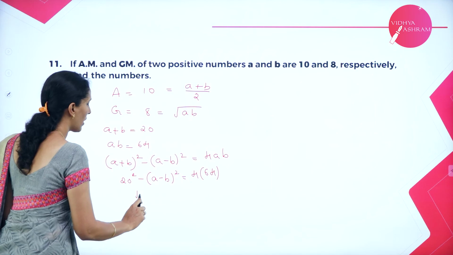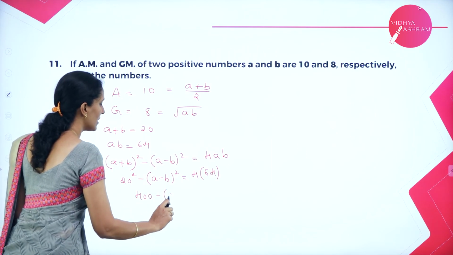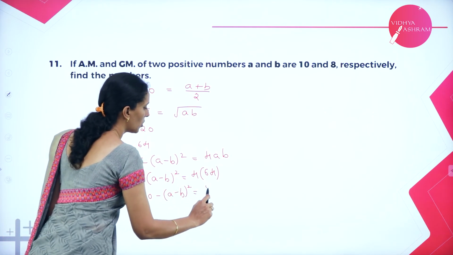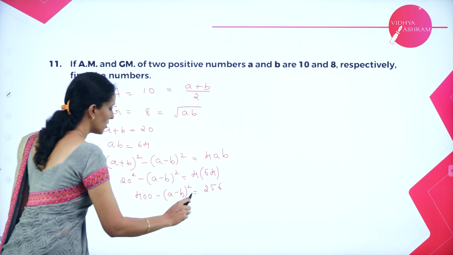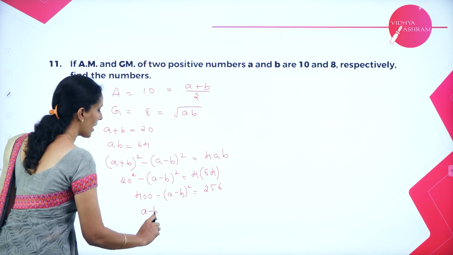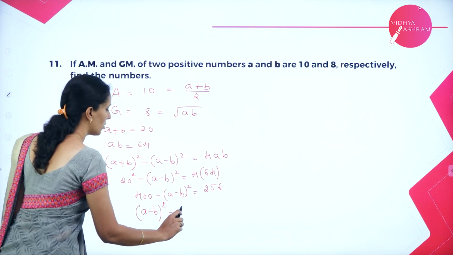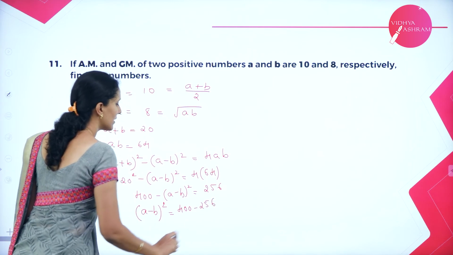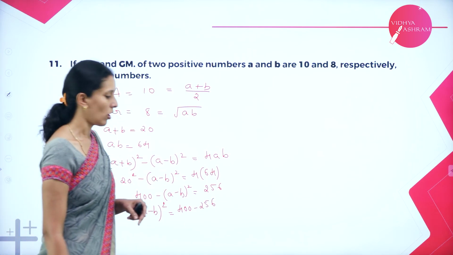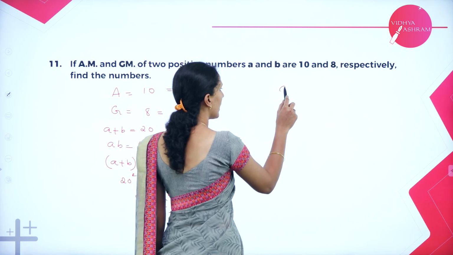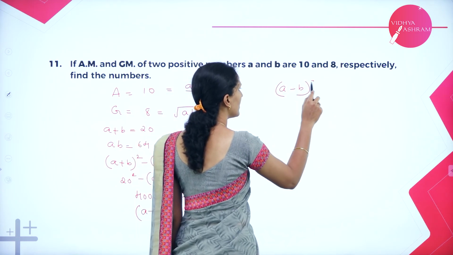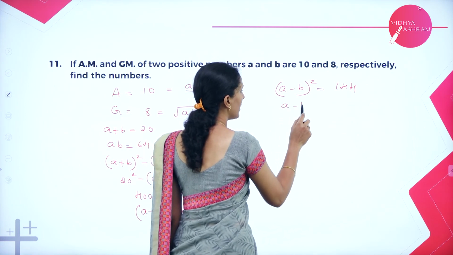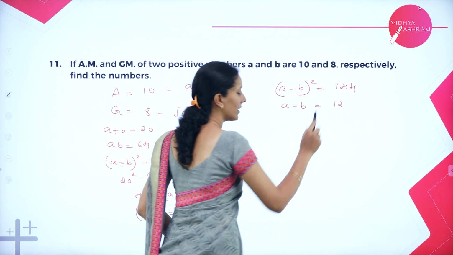So this is 400 minus A minus B whole square equal to 256. So I'll get A minus B whole square is equal to 400 minus 256. When I solve it, I'll get A minus B whole square is equal to 144. So therefore A minus B is equal to 12, I can take.